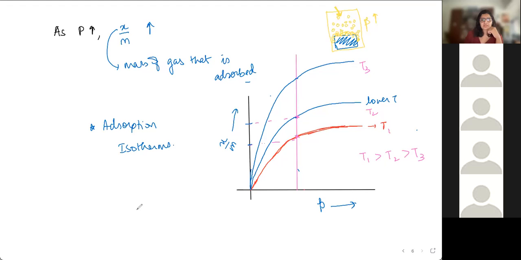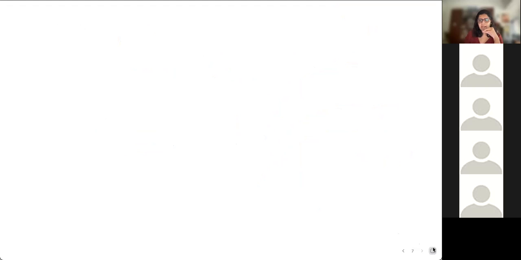All right. Now let's get the equation back. What was Freundlich's equation for the adsorption isotherm? Ma'am, what is Freundlich's equation? Like, we just drew the graph, what was its equation?